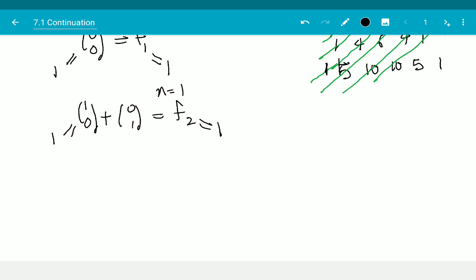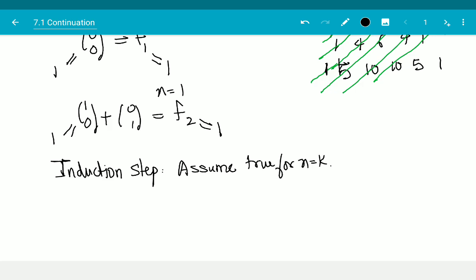Right? And I want to show that for the nth term. Right? So I am going to assume induction step. Assume true for n is equal to k. Prove for n is equal to k plus 1.